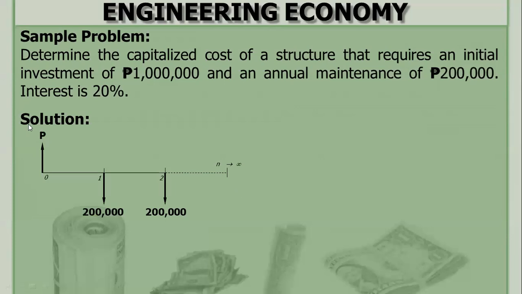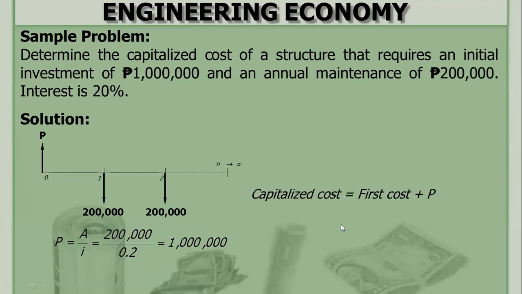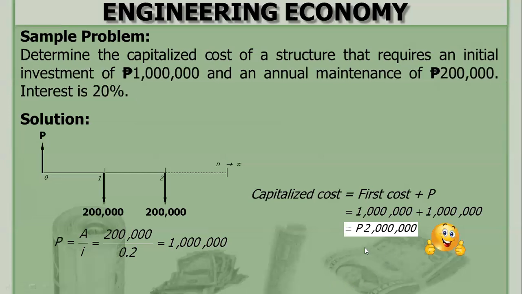You get the present worth of perpetual maintenance. The formula is A over I, just discussed in perpetuity. 200,000 over 0.2 is 1 million. Therefore, the capitalized cost is first cost plus the present worth of perpetual maintenance. So the capitalized cost is 2 million pesos.